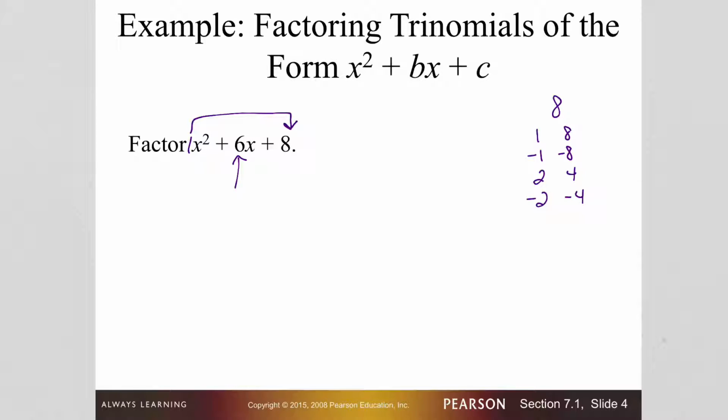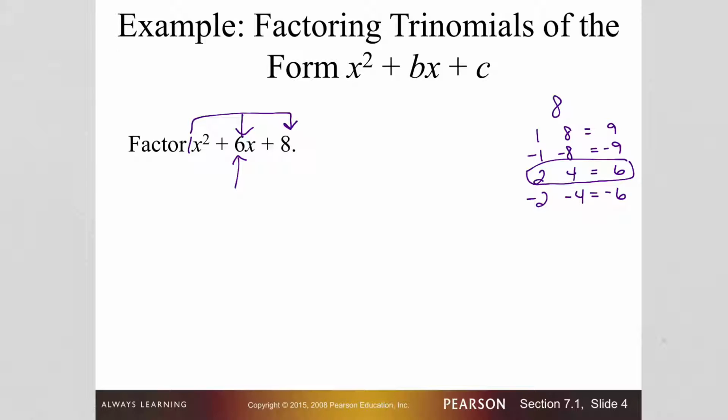Where do I get that from? I get that from right there. So 1 plus 8 adds up to be positive 9. Negative 1 plus negative 8 adds up to be negative 9. 2 plus 4 adds up to be 6. And negative 2 plus negative 4 adds up to be negative 6.